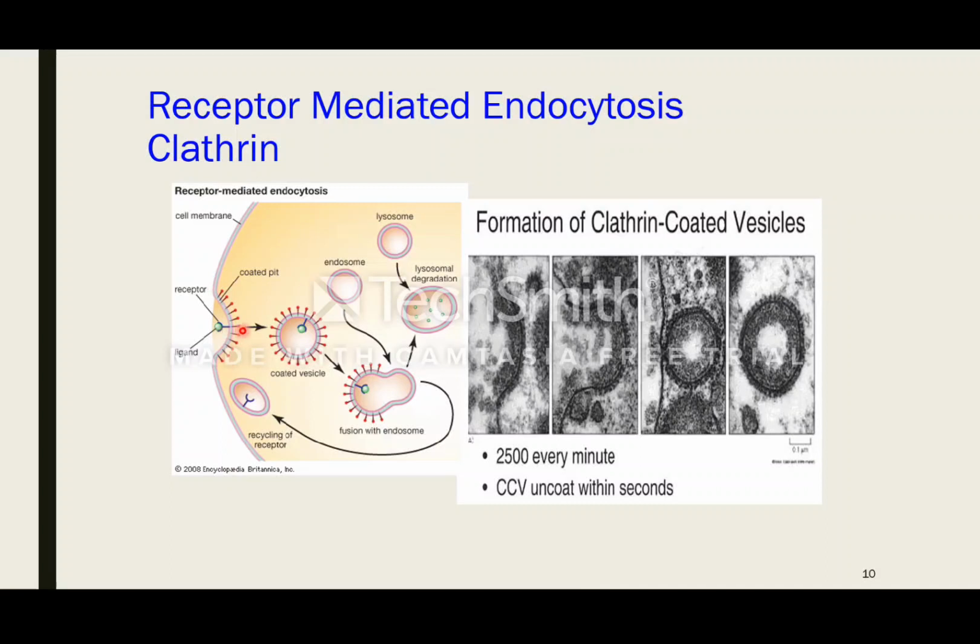Finally the edges fuse together, pinch off, and form coated vesicles coated by clathrin. This coated vesicle fuses with lysosomes or endosomes and is digested and finally degraded by the lysosome.